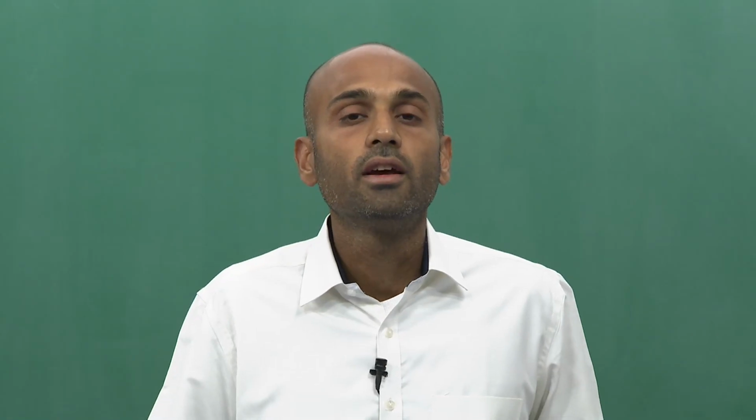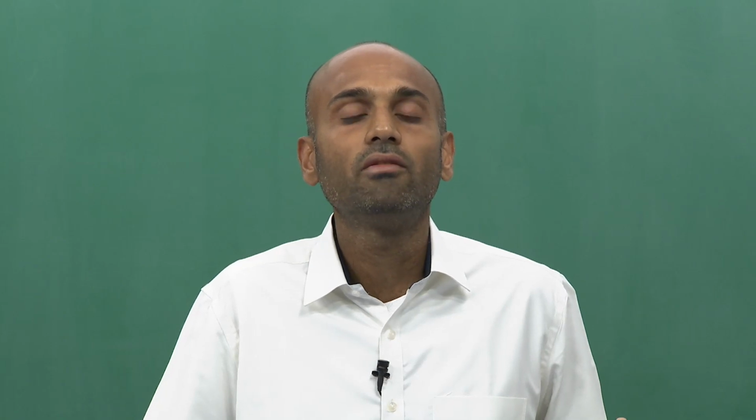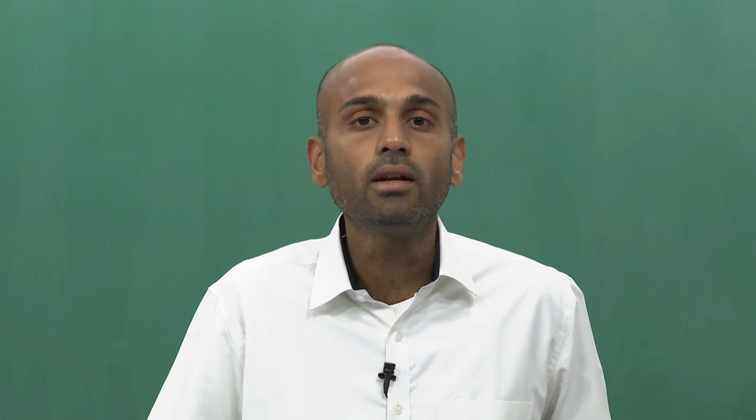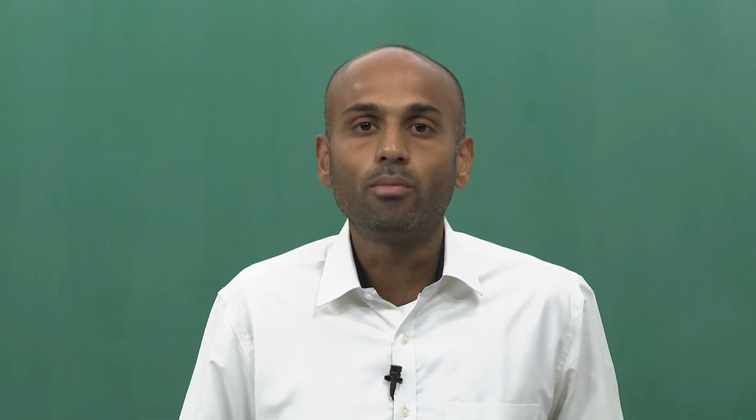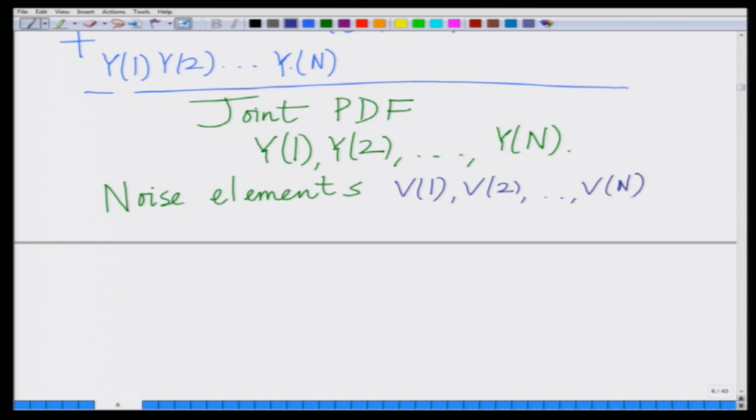And towards this end, we will make a simplifying assumption to come up with the joint probability density function. We are going to assume initially that these noise elements v1, v2, vn are IID, that is, independent, identically distributed. So, the assumption that we are going to make to develop the joint probability density function is that the noise samples v1, v2, vn are IID.